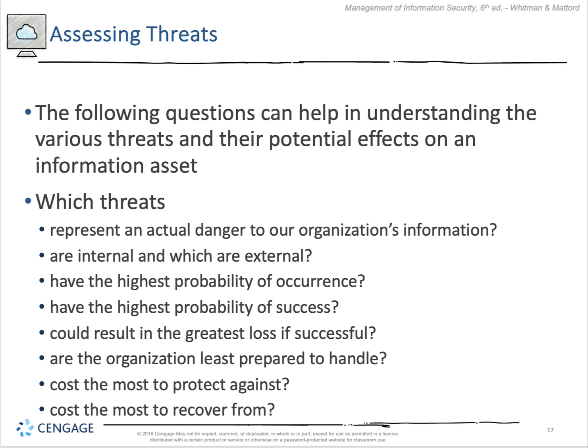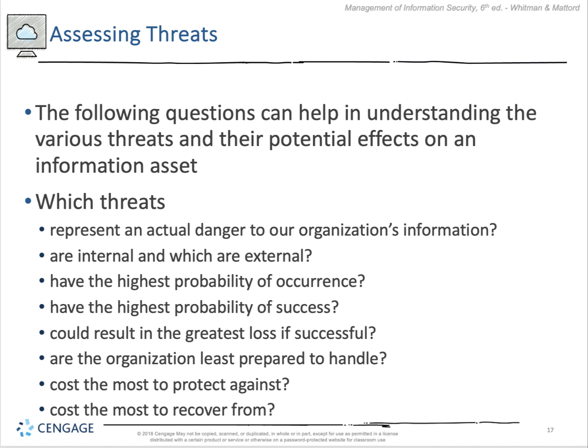Okay? Now, another thing that is also very, very important is how to assess threats, right? The following questions can help in understanding the various threats and their potential effects on an information asset.